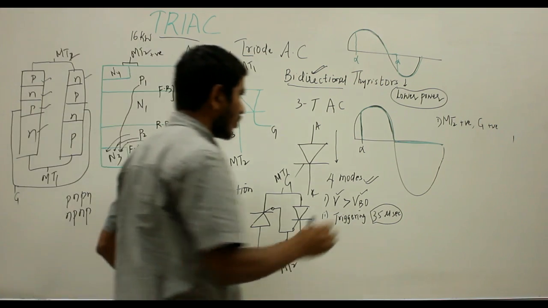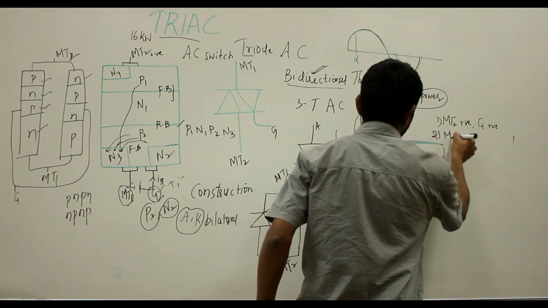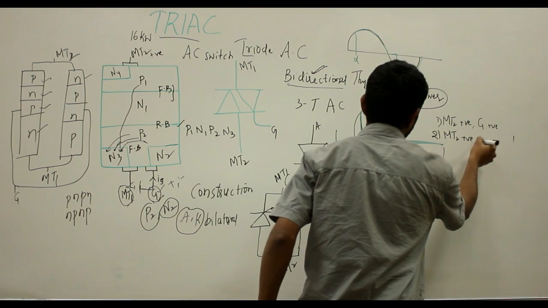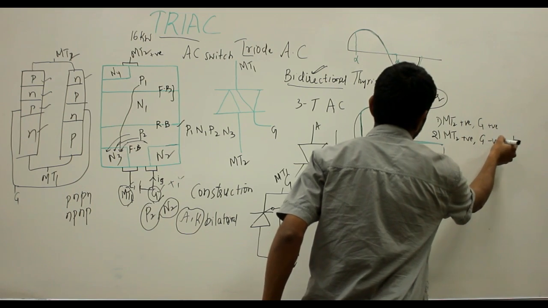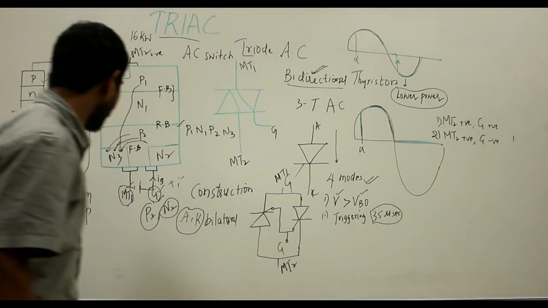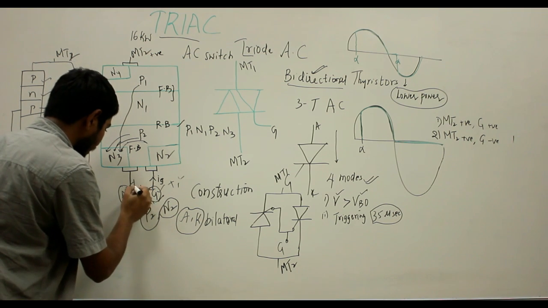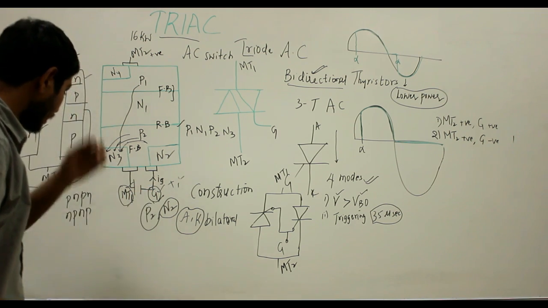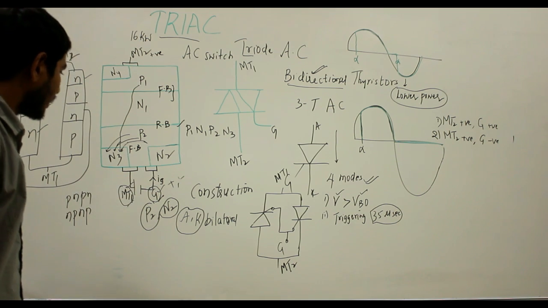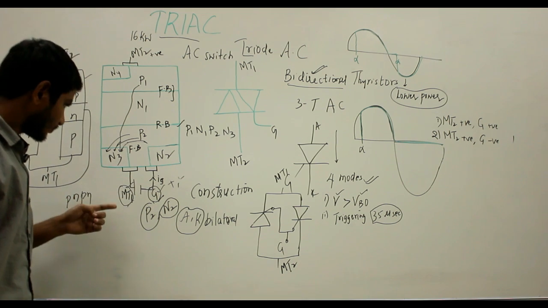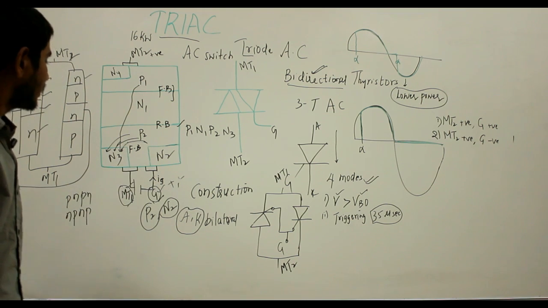Now the second mode is where MT2 is positive but the gate is made negative with respect to MT1. Here the gate is made negative and MT2 is made positive, thereby a negative gate current signal is given to the P2 layer.